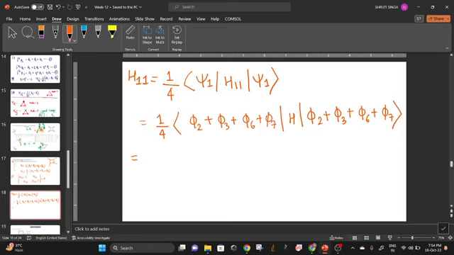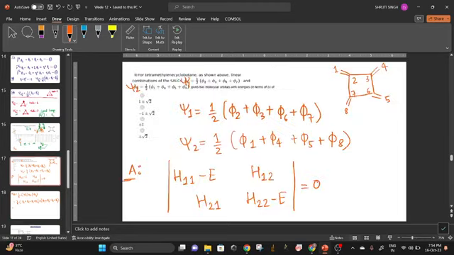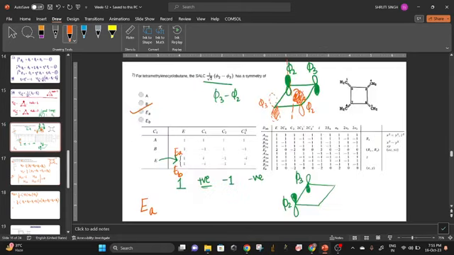So 2 when operated with 3 will give some value because they are adjacent, but 2 when operated with 6 will not give any value, with 7 it will give some value, so it will be like this.